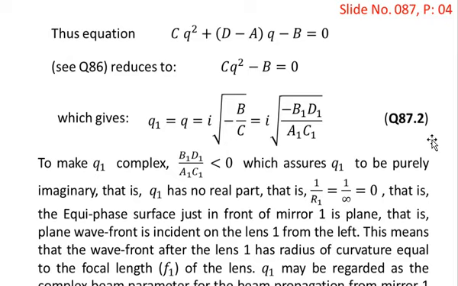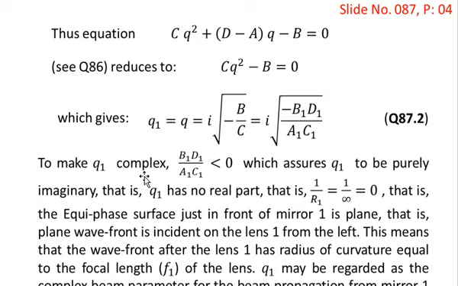From equation number 2, it follows that to make Q1 purely complex, B1 D1 over A1 C1 must be a negative quantity, so that the negative sign cancels out the negative sign present in the square root, and the square root will contain a positive term. But the square root is multiplied by iota outside, so Q1 will be a purely complex quantity in that case.